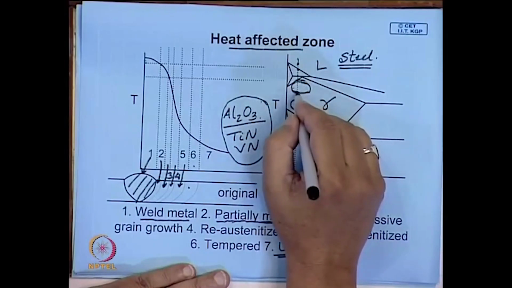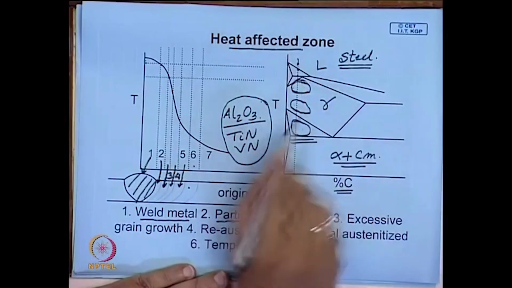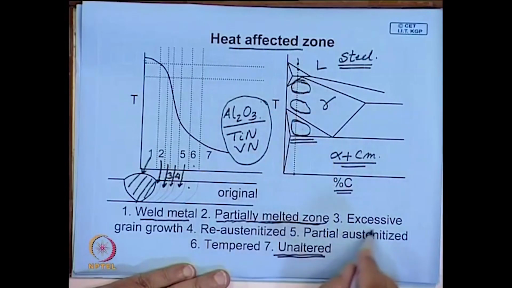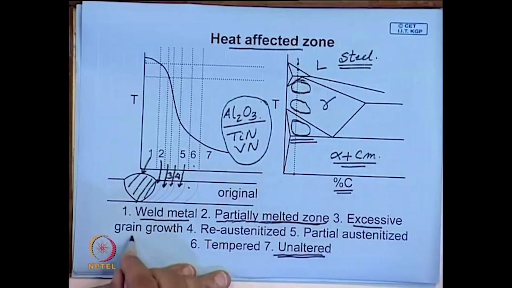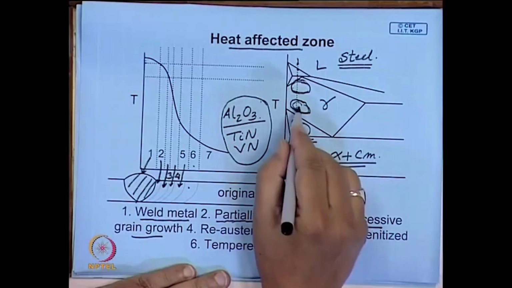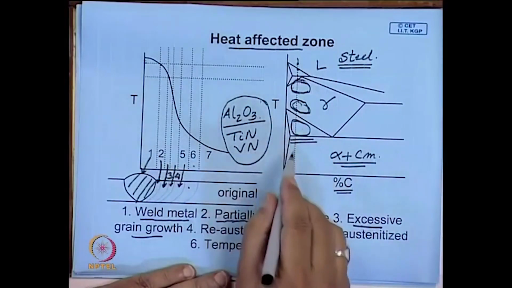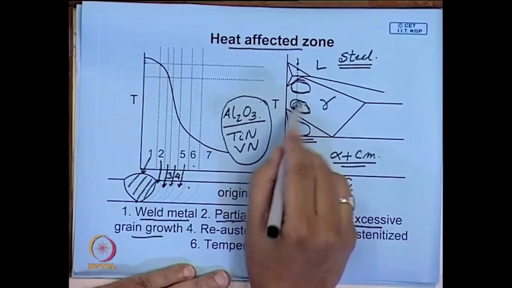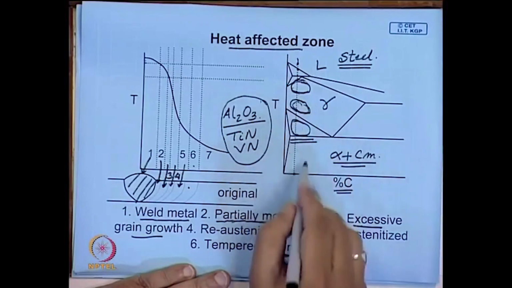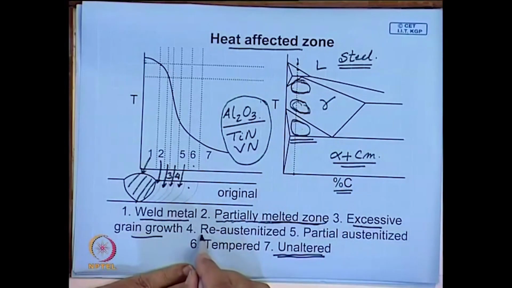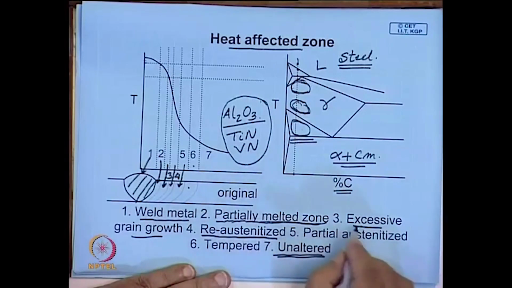If they dissolve, then the grains will grow, there will be abnormal grain growth, and grains will become very large. So, this is the excessive grain growth region, whereas in this zone austenite will form, but that heating time is very short. This austenite may not be very homogeneous, this will be fine. So, when it again cools, this will have a much finer, re-austenitized structure.